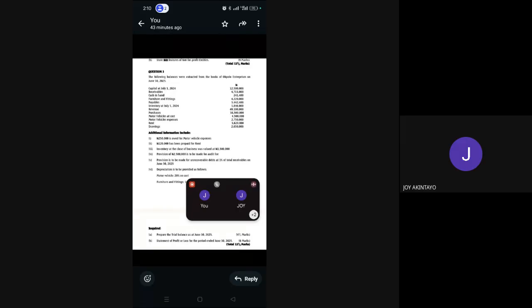Because it's an expense. Are we together? Rent is an expense, so we are putting it on the debit side. How much? So we have 5620.